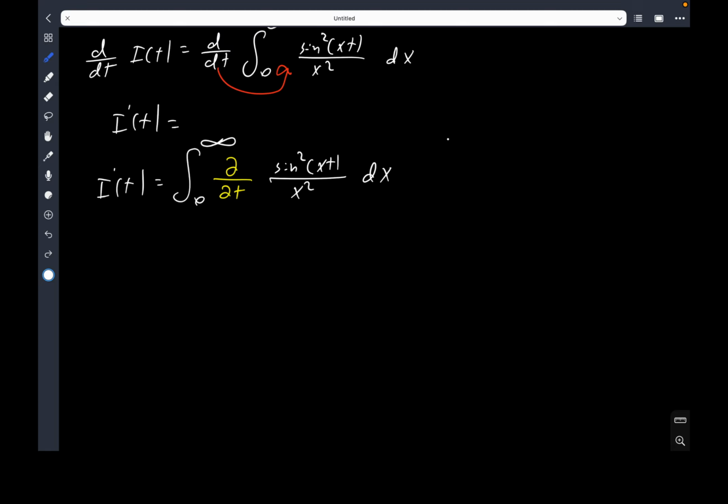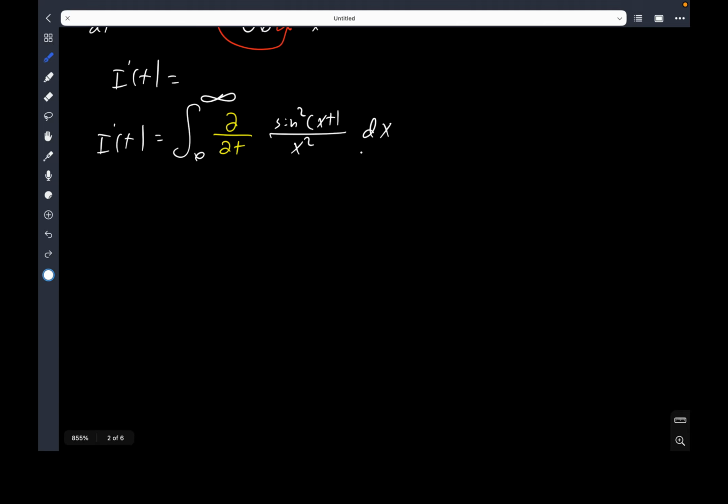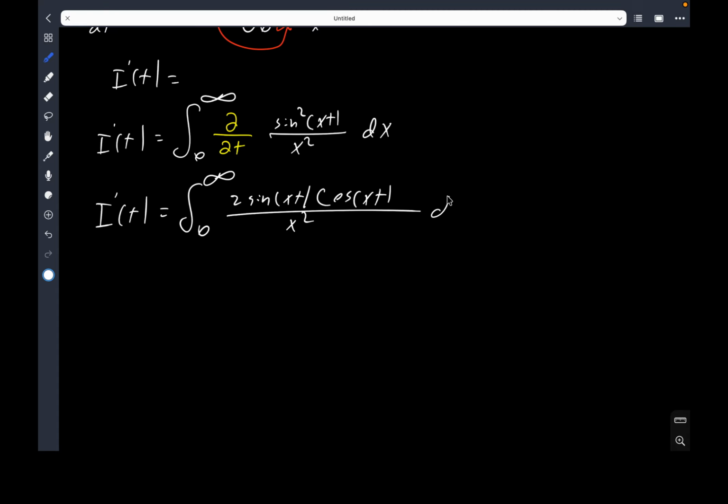I don't need to use the chain rule in a complicated way, because x here is constant and the only variable is t, which appears only in sine squared of xt. So I prime of t is the integral from 0 to infinity of 2 sine xt cosine xt over x squared dx, multiplied by x.